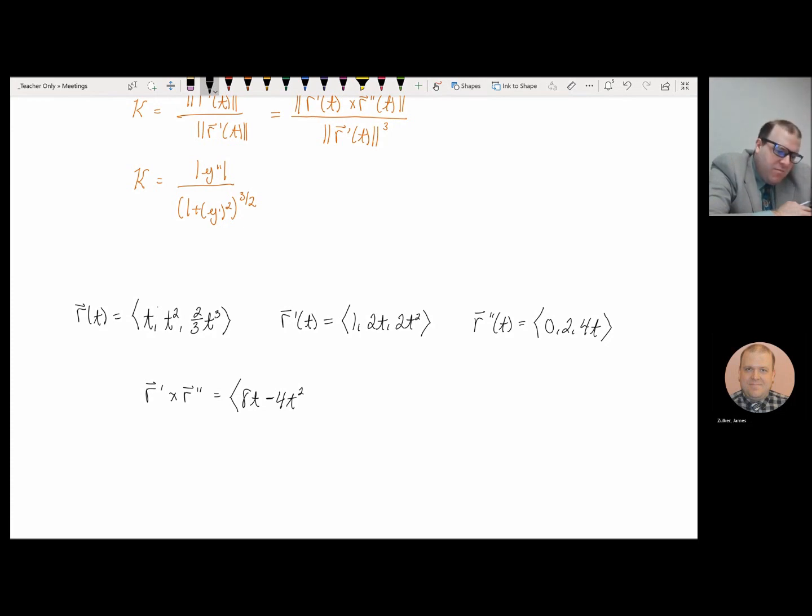No. That should be 8t squared, shouldn't it? Yes, it should. Then it's what, 0 minus 4t? And then you get 2 minus 0.